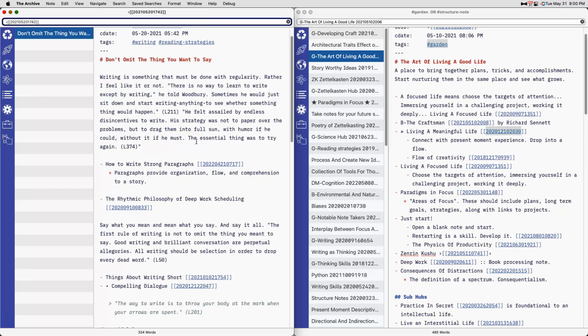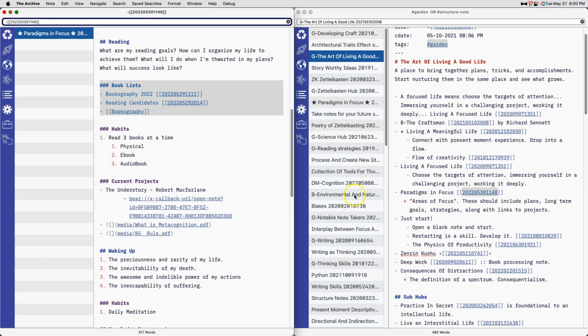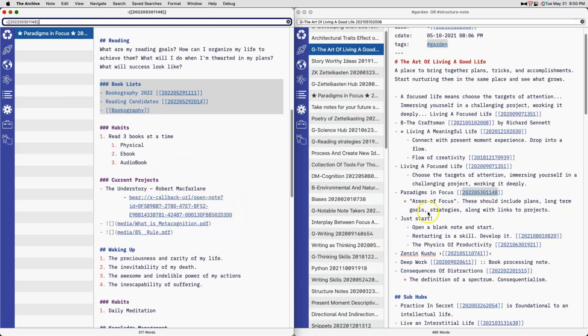And then we can go back and look at other links here. This paradigm of focus. Yeah, this is a current project list that I have going. It's part of my effort to make a good life. Restart a skill.